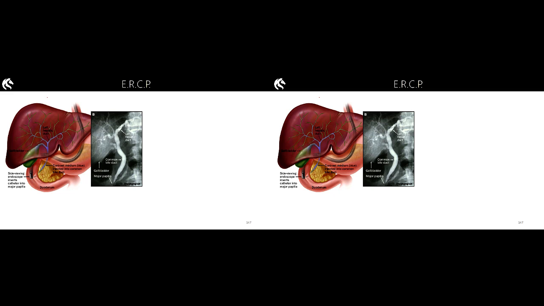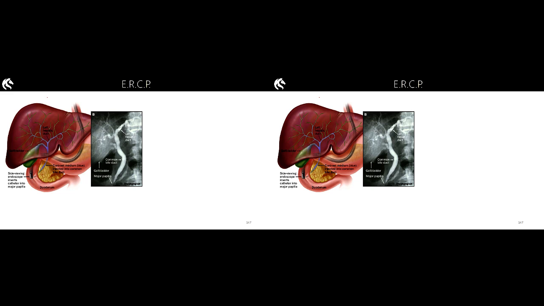Once that endoscope has entered the duodenum, then the hunt begins. The endoscopist, gastroenterologist or surgeon who's undertaking this examination is going to start looking for a particular structure. The structure that they're looking for is where the common bile duct empties into the duodenum.